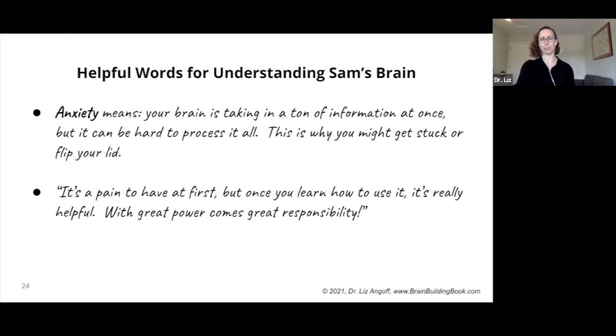And with great power comes great responsibility. So she was starting to see that her anxiety was part of the thing that made her so amazing, as well as something that was causing some challenges. And so her goal now was to learn how to use her anxiety to stay motivated and stay connected with people, but not let it take over and paralyze her.